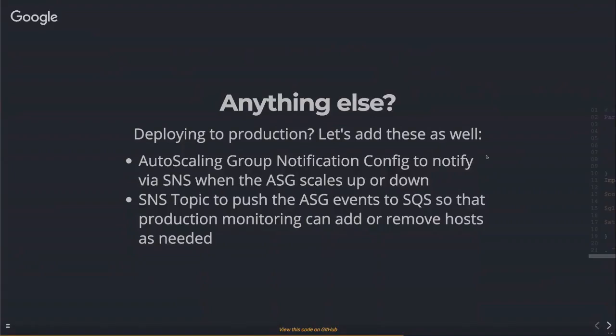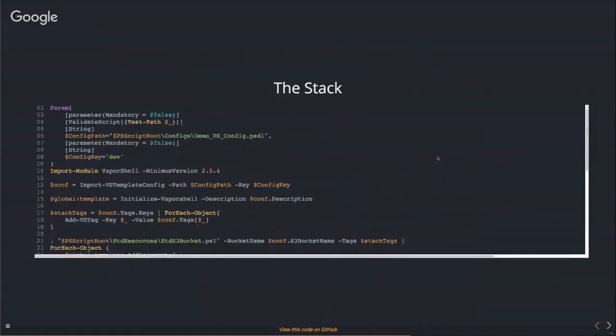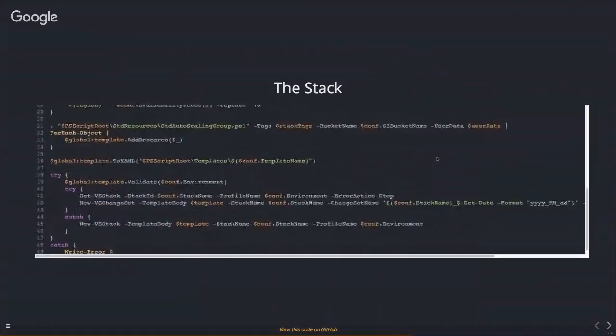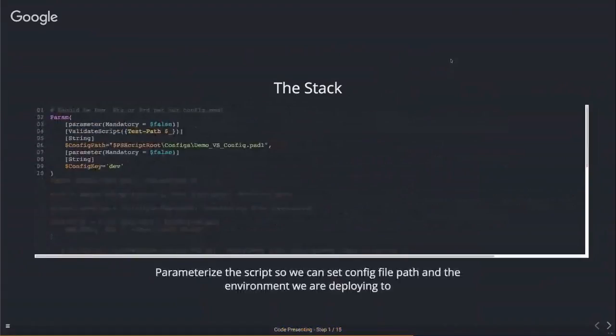Let's get into it. So this is the full stack, at least the main stack script. Let's step through it. First things first, with anything we want to be dynamic, we're probably going to want to parameterize it. Most of the meat is going to be on this config.psd1. And we're going to say that we're defaulting to our dev environment so we don't accidentally trigger off a production build.